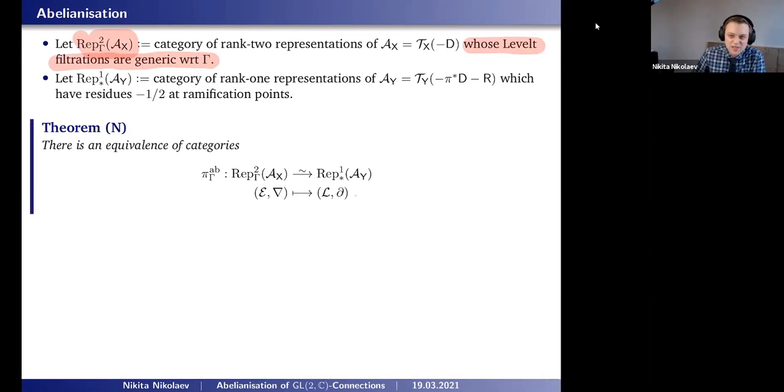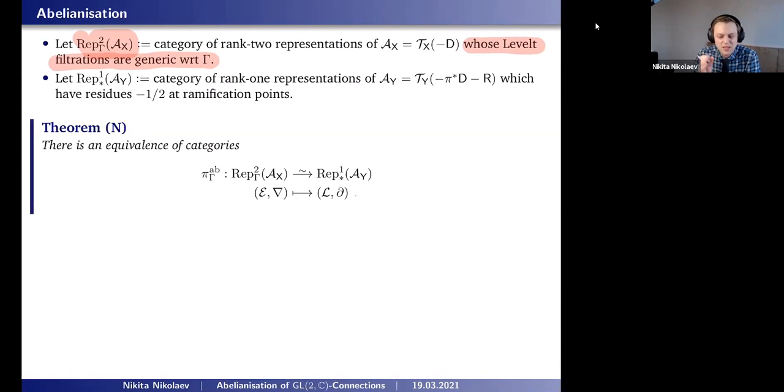So this is really a genericity assumption, and maybe the proper way of saying it is that it captures almost all possible representations.